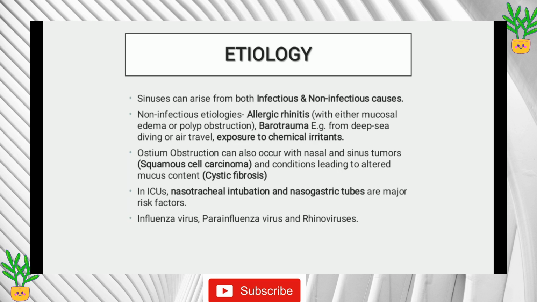There are some viruses which will cause sinus infection, and those include influenza virus, parainfluenza virus and rhinovirus. There is also the possibility of fungi causing sinus infection, basically affecting immunocompromised patients and causing rhinocerebral mucormycosis. It will affect the cerebrum region and cause mucormycosis.